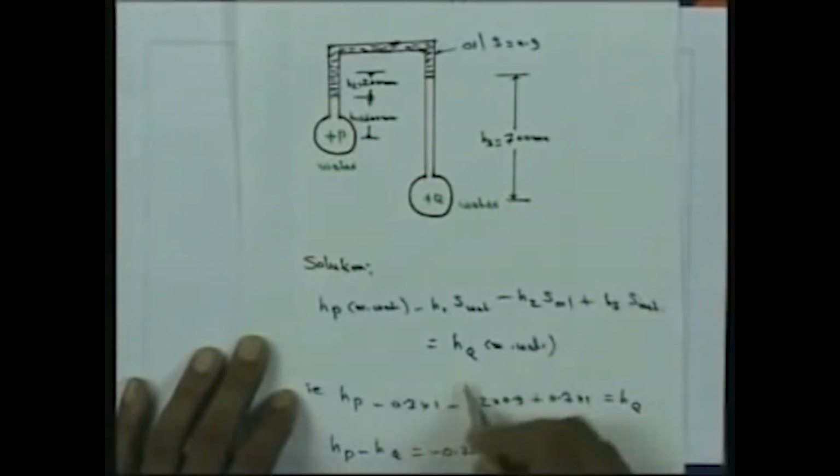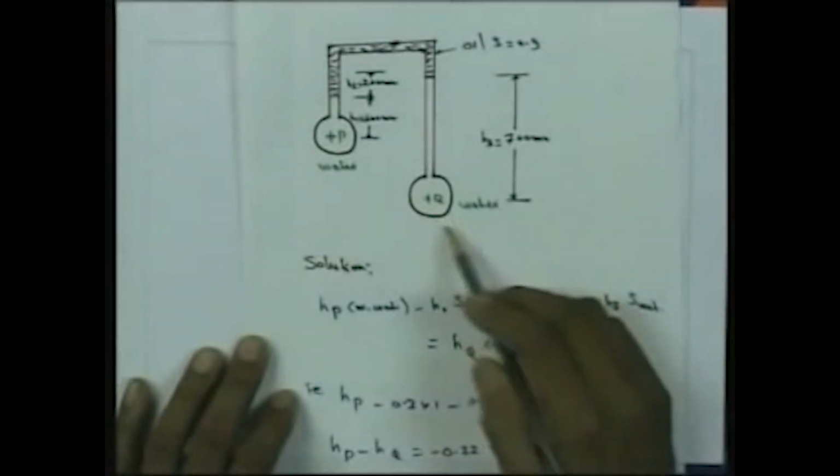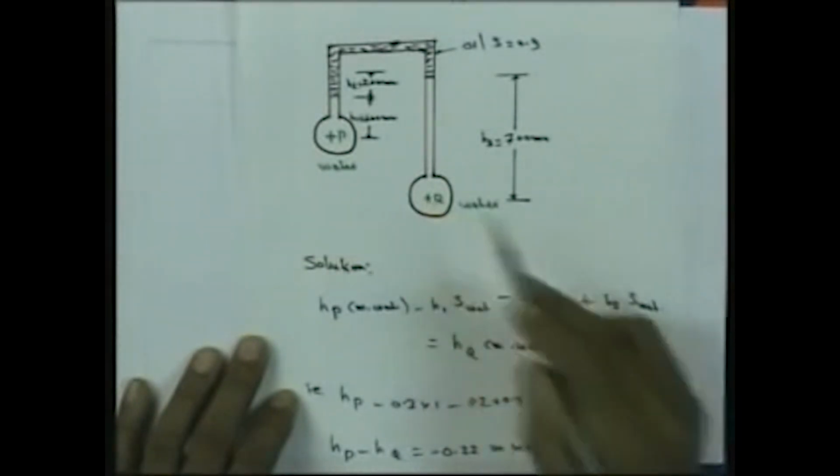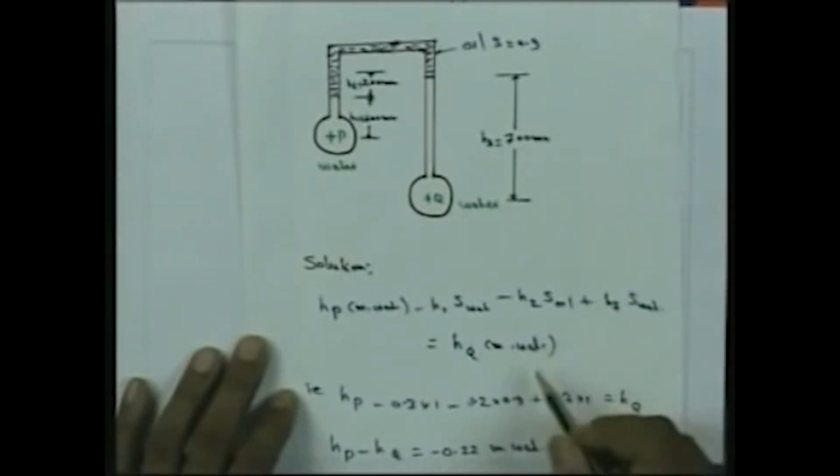So this is equal to HQ, the pressure at location Q in terms of meters of water.